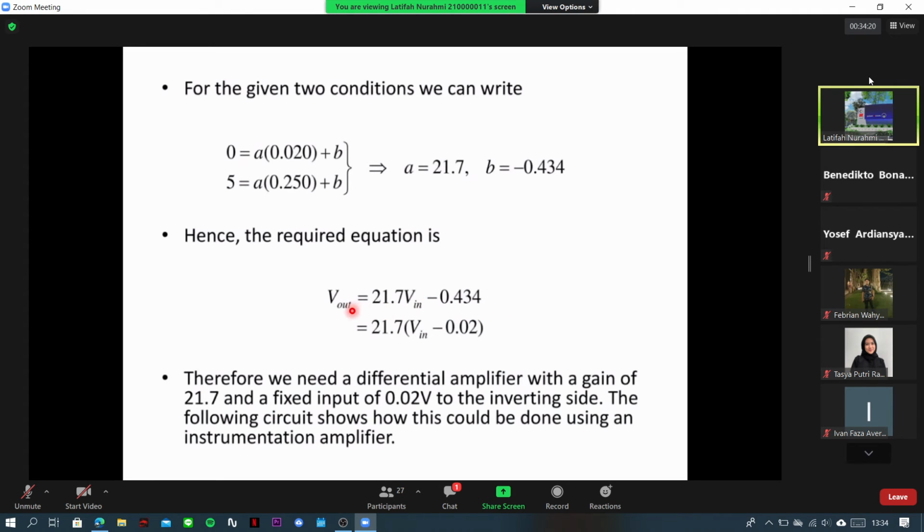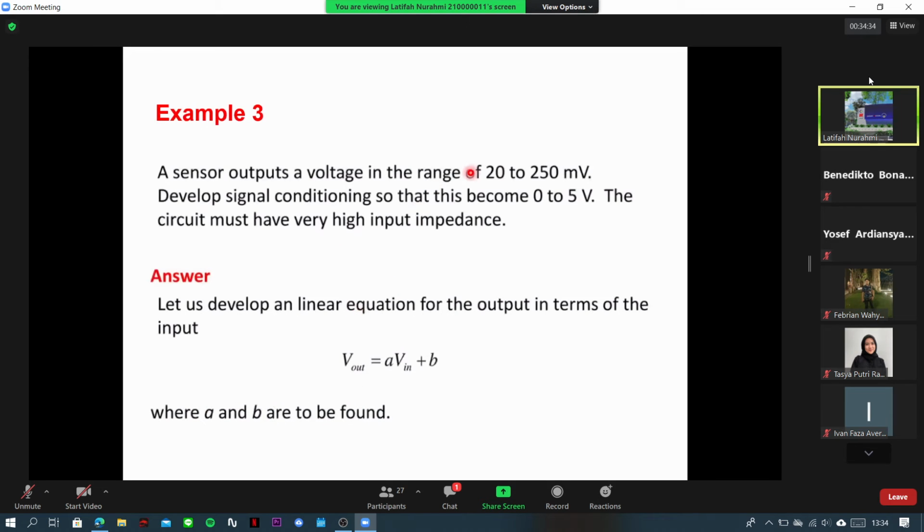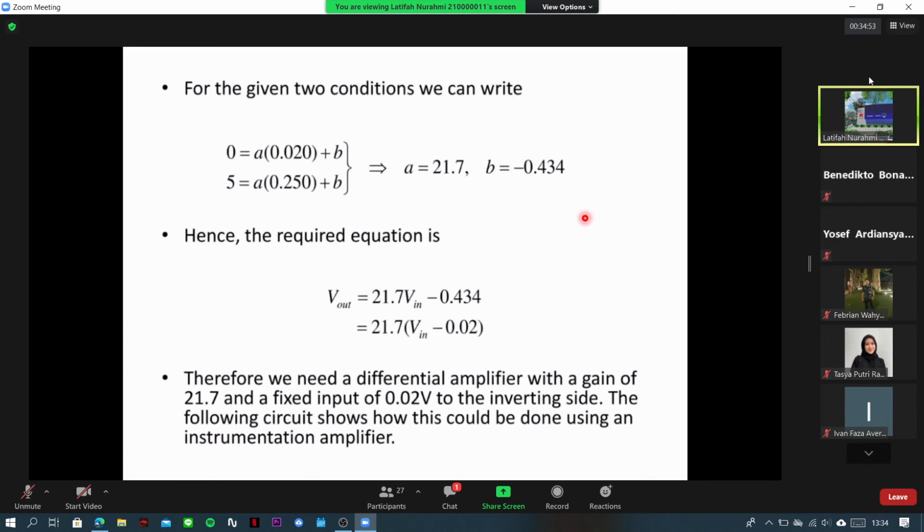Right? In the previous example, V out is equal to 10 times V in, it's simple. But if the range of the input is quite unpredictable and doesn't have the same range as the output voltage, how can we find the relation between the output and the input voltage?